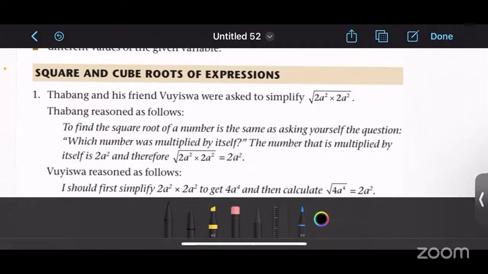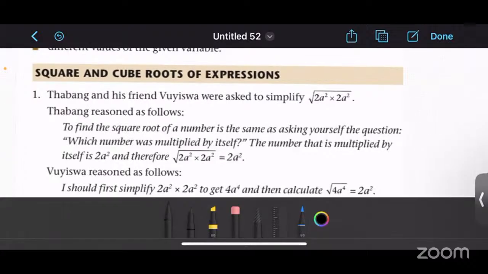To find the square root of a number is the same as asking yourself the question, which number was multiplied by itself? The number that is multiplied by itself is 2a to the power of 2. Therefore, the square root of 2a squared multiplied by 2a squared is equal to 2a to the power of 2.